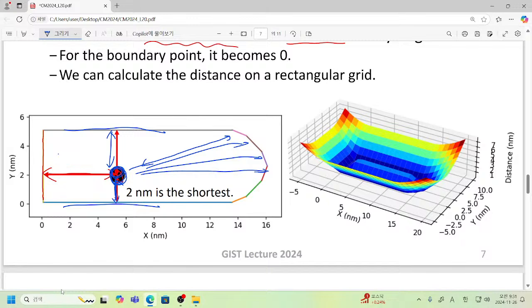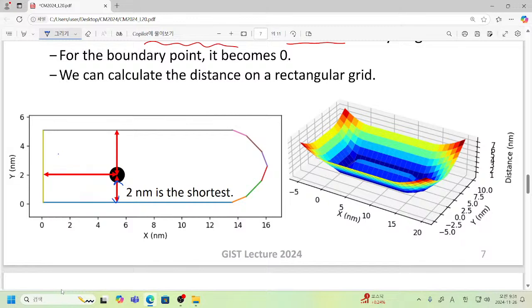All comparisons should be done and we take the shortest one. So what will be the shortest one? Of course, you can easily understand among them, this one corresponds to the shortest distance. So in this case, we say the distance from the boundary is 2 nanometers.